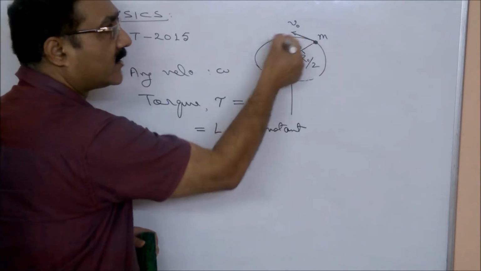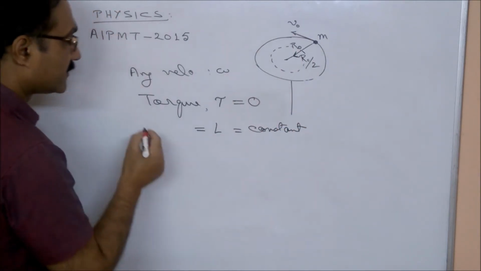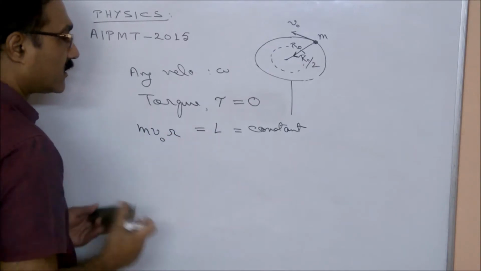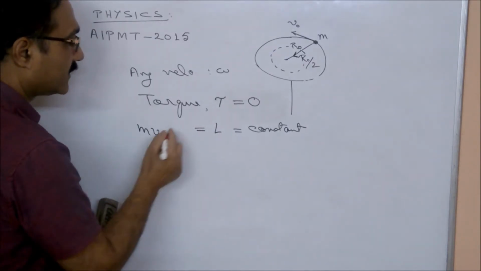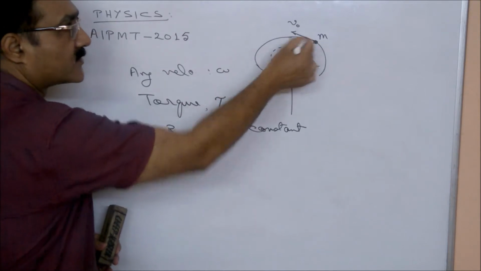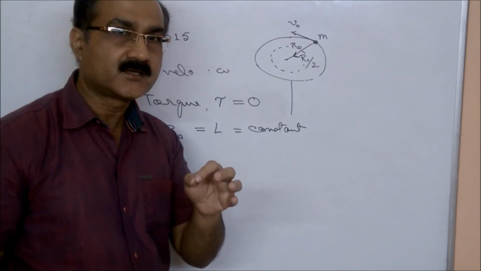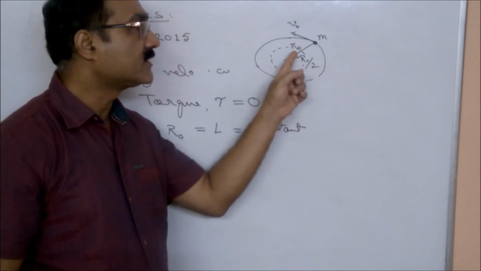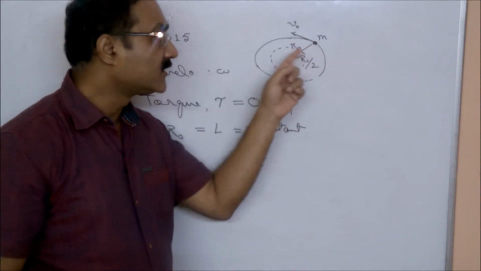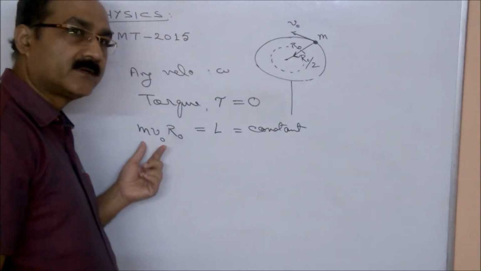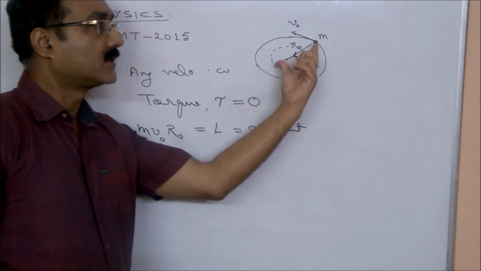Now, what is the angular momentum here? Angular momentum is m v0 into r. In this case, r is given as r0 at this point. Initially, when it is rotating with a radius of r0, the angular momentum is m v0, the linear momentum, into r0, the distance.